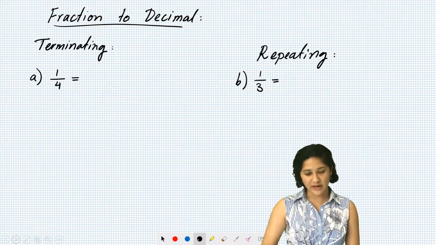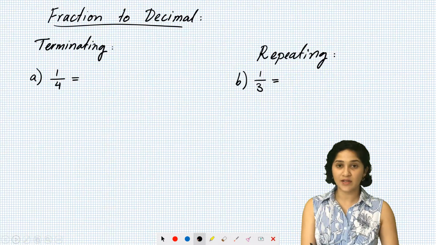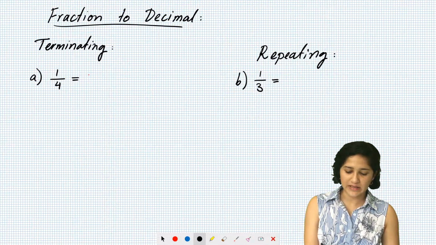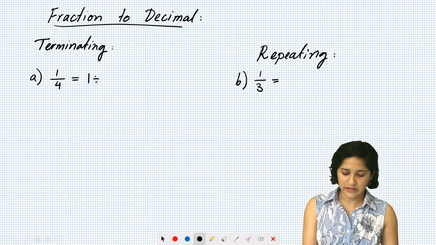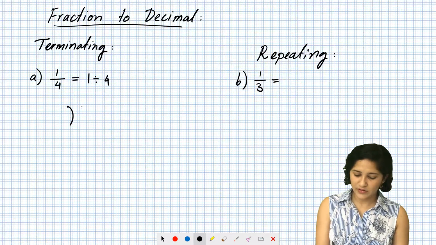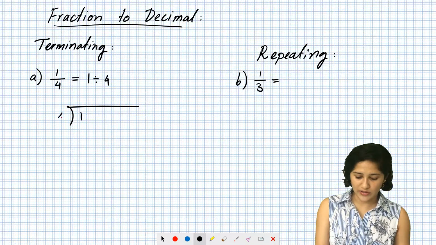So for the first example, 1/4, all you have to do is direct division. 1/4 means exactly 1 divided by 4. You can either enter that into your calculator or do long or short division.